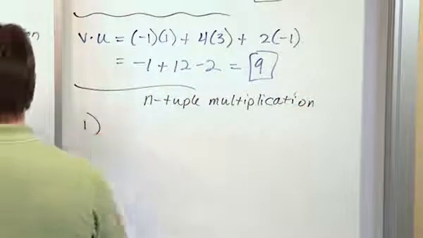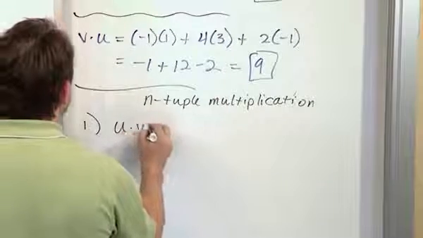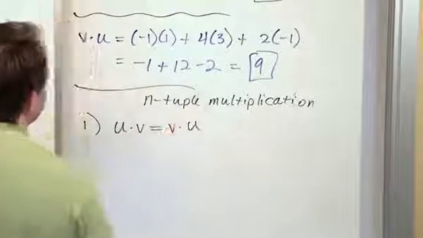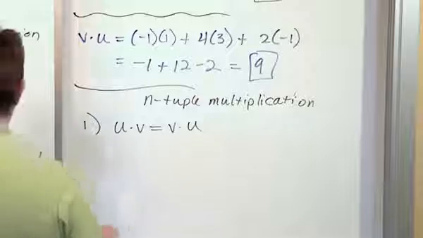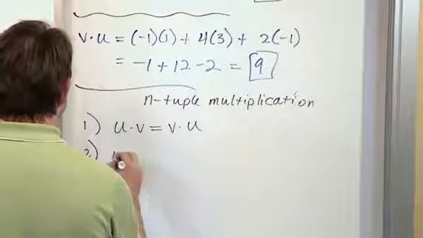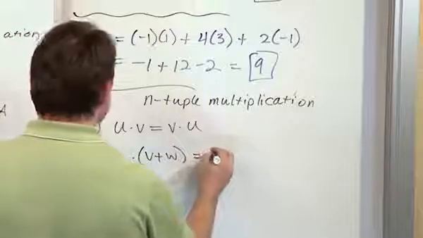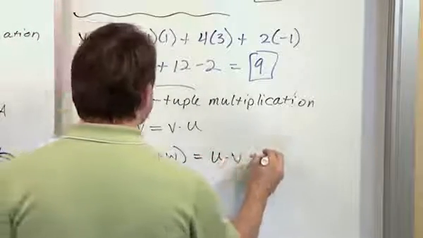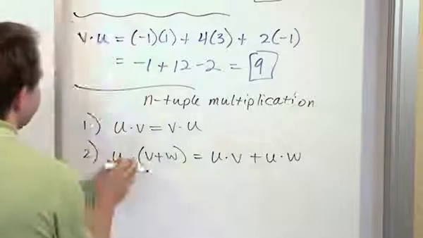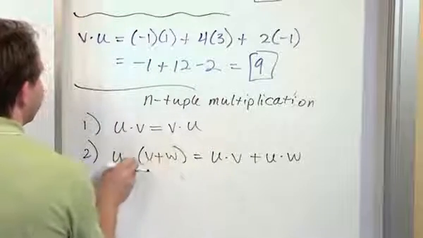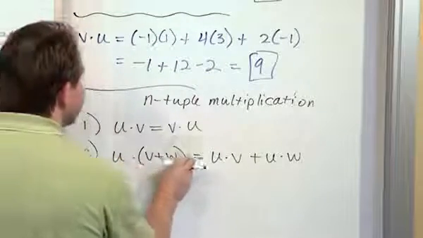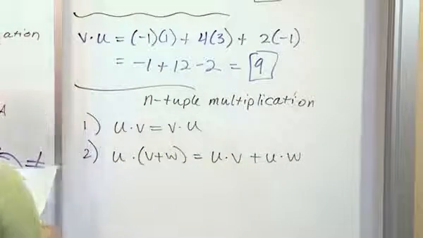We know that u dot v is equal to v dot u, right? And we also know that u dotted with v plus w is the same as u dot v plus u dot w. So we can kind of take that dot product, if we think of these as vectors, and distribute it in like that, and you get a distributive property.